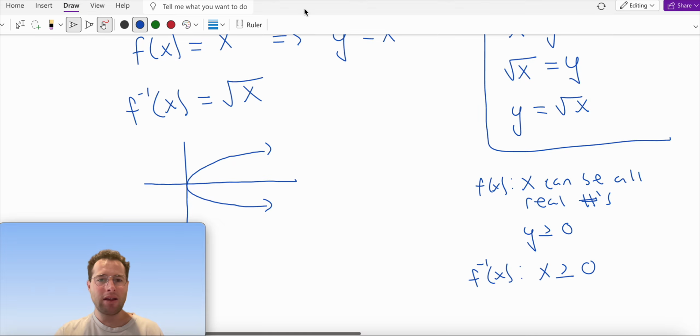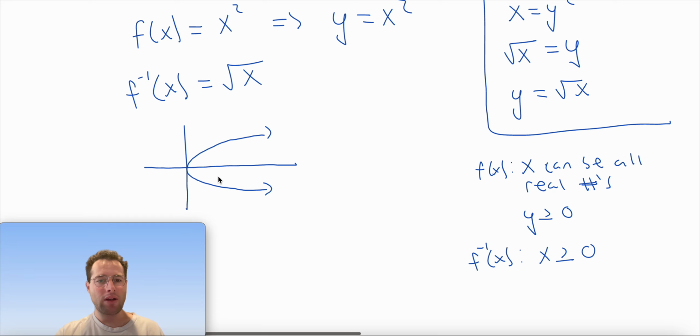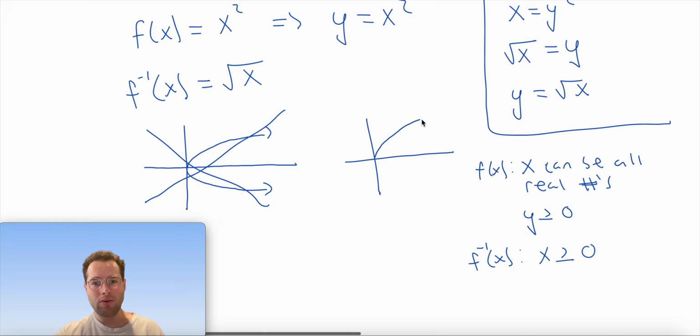In that case, if our domain is greater than or equal to 0, we're only going to have positive outputs. So instead of having this, we're going to have this, which is good because we want a function. And now we can see that our range is only positive values, including 0.